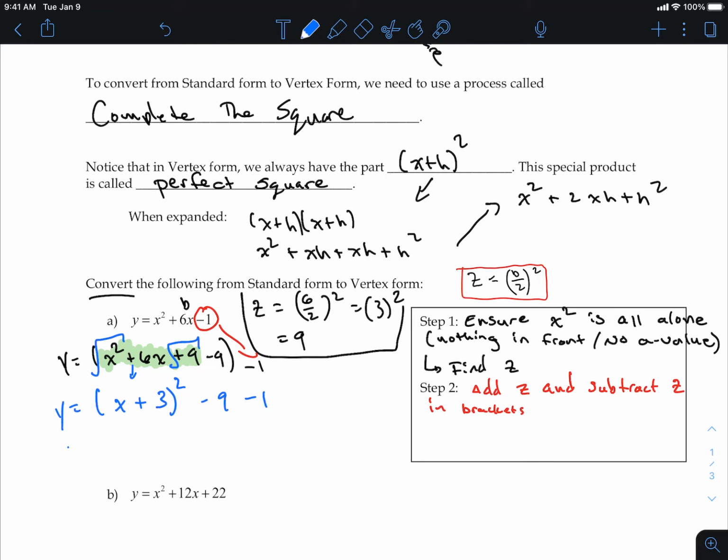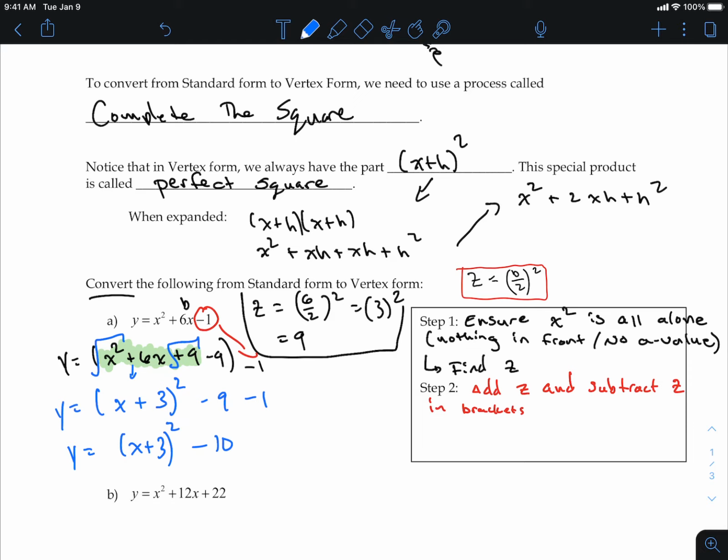Wait, I have a question. You said take the square root from the first and the last, but isn't the -9 last? No, just from the 3 terms. So I've added 9 and I've subtracted 9 very strategically.